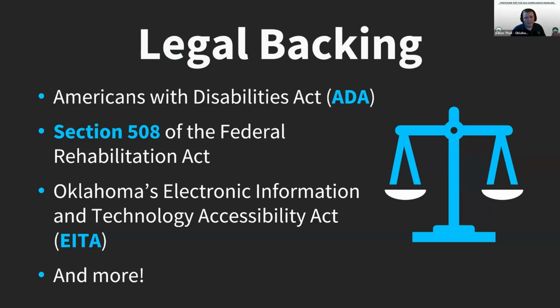There are more accessibility laws out there, depending on your sector, right? So if you work in health, there are also going to be some HHS accessibility laws as well. But these are the big three that we tend to deal with most here in Oklahoma.